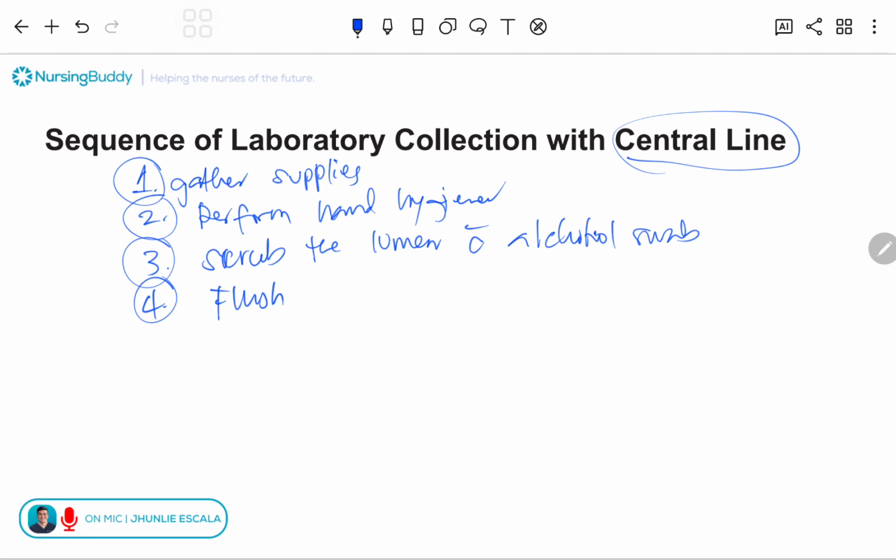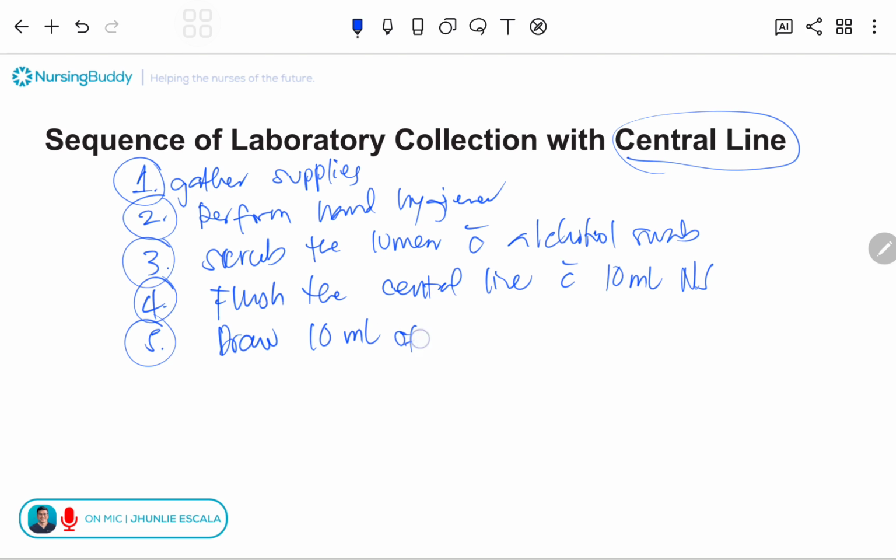And also, kapatid, number 4, flush the what? Flush the central line with 10 ml normal saline. And after you have flushed, number 5, draw 10 ml of blood and discard. Discard it right here.